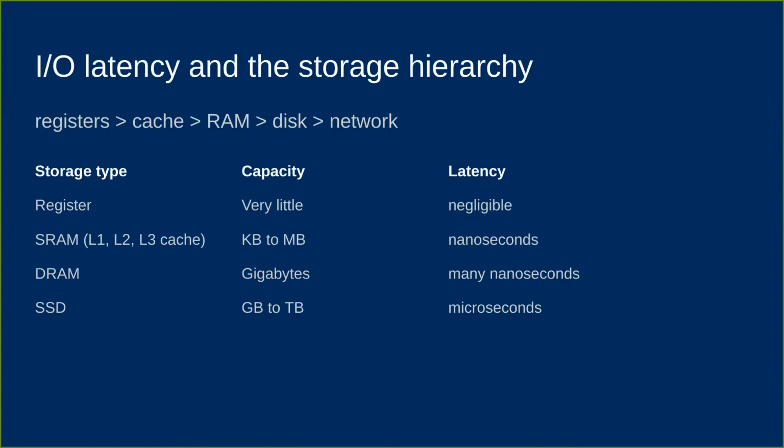And once we're beyond memory, we've got our persistent storage. So a hard disk or a solid state drive, something like that, that is even slower to access. That's going to be thousands of clock cycles of waiting if you have to go out to disk and fetch something from there. And of course, we also have network storage.